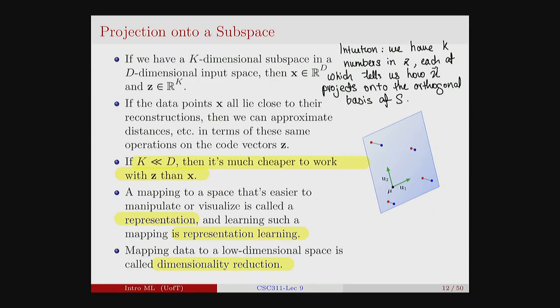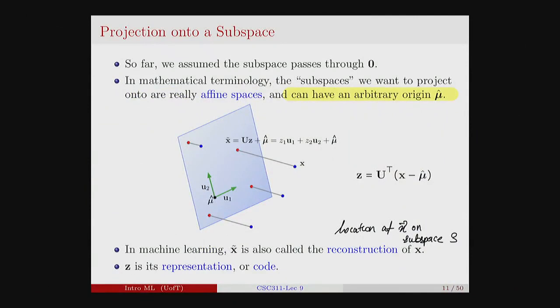So I'll pause here to see if folks have any questions. Yeah. So is x tilde the point in our k-dimensional subspace? That's right.